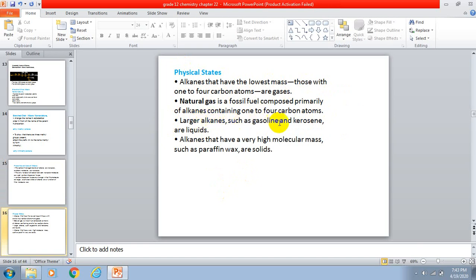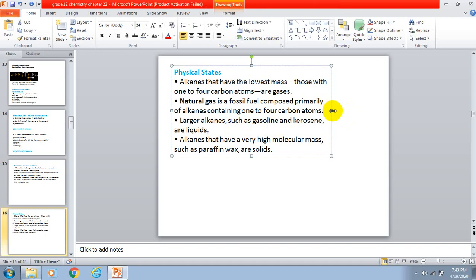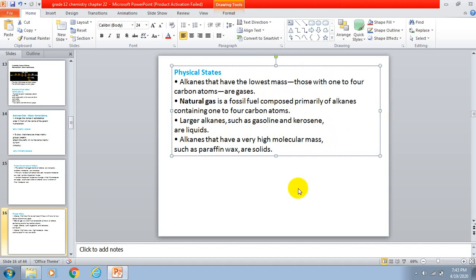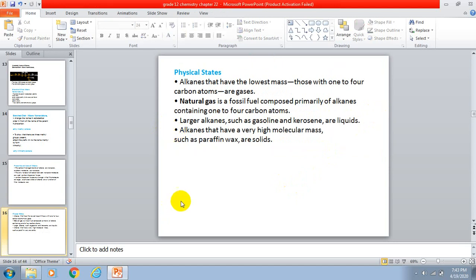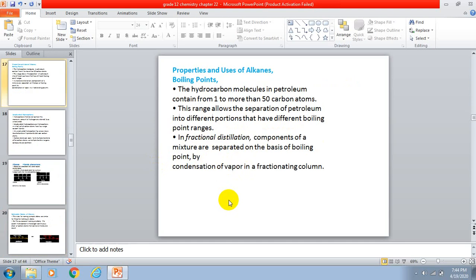Larger alkanes such as gasoline and kerosene are liquids. Alkanes that have a very high molecular mass, such as paraffin wax, are solids. Got the idea?